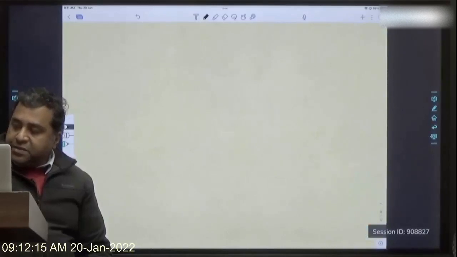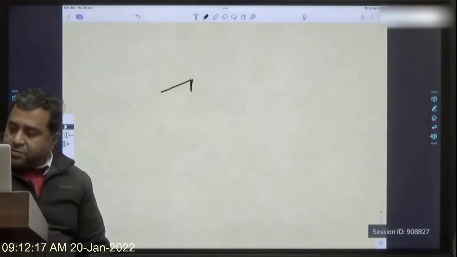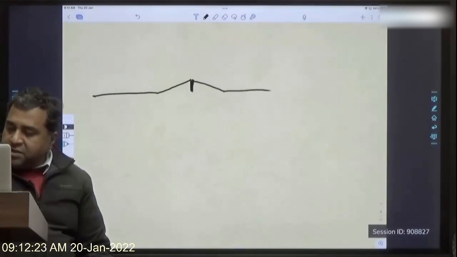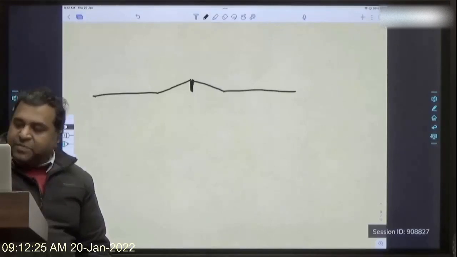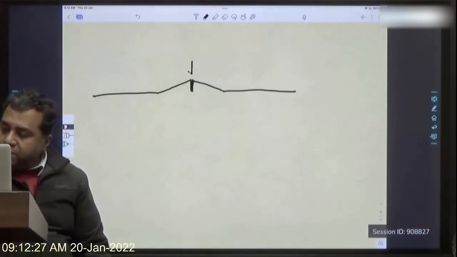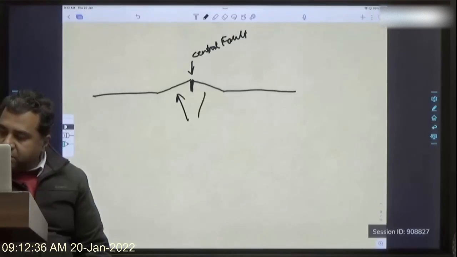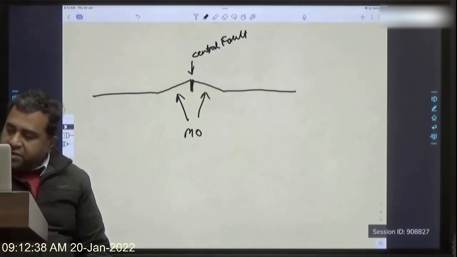What this means is that suppose this is the mid-oceanic ridge and this is the seafloor, let us say. Okay, and this is the central fault. If you want, you can draw this for your own understanding. And this is the MOR, mid-oceanic ridge.